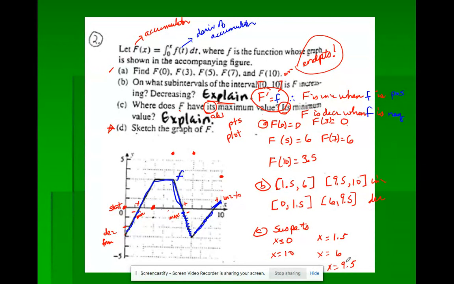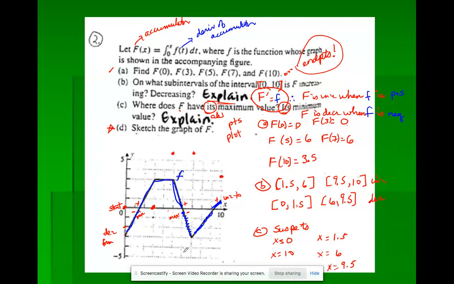I don't have a place where the derivative is undefined. Remember, and this is hard for kids sometimes, they're like, hey, wait, there's a point, right? There's a point, there's a point, there's a point there. It's not smooth. True.